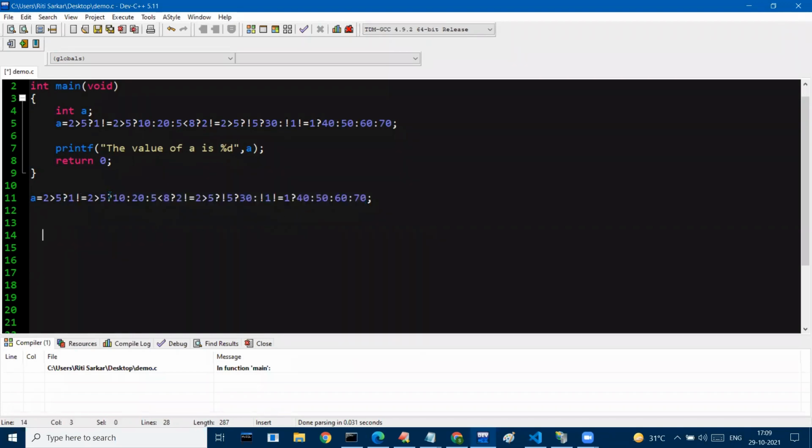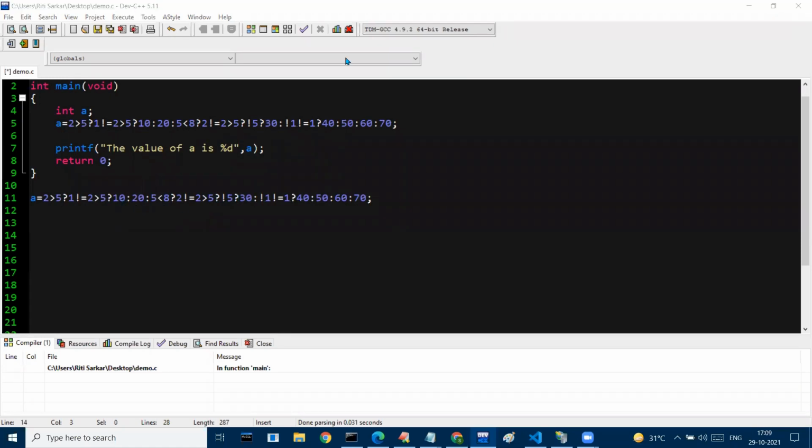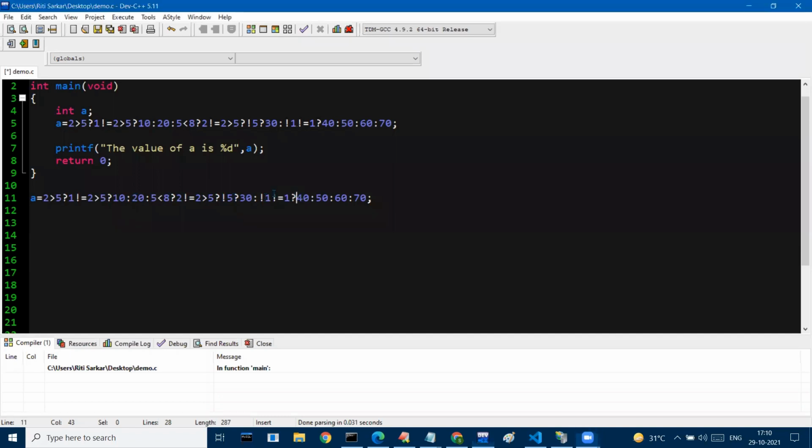One question mark, two, 3, 4. So I must have 4 colons. One question mark, two, 3, 4, 5. 5 question marks are there. So how many colons must I have? 3 colons. Okay, 5 or 6? 1, 2, 3, 4, 5, 6. 6 question marks are there, not 5, guys.